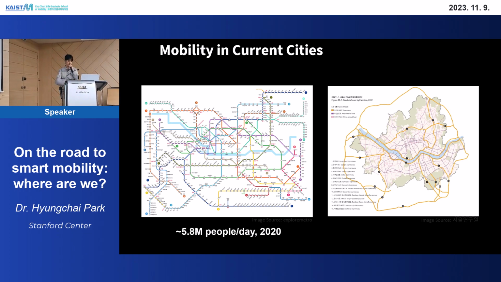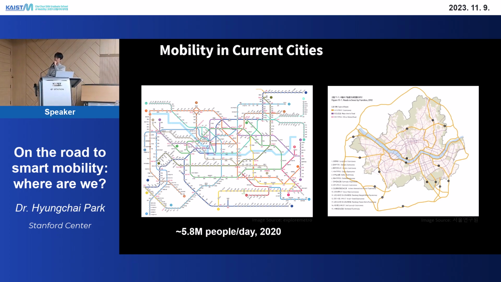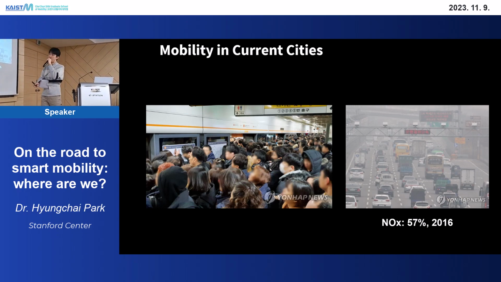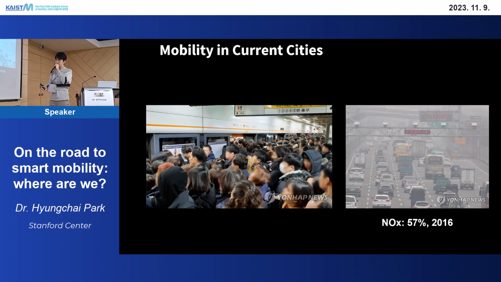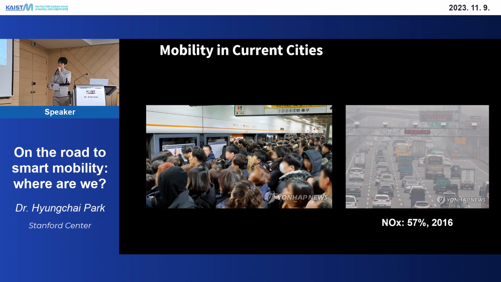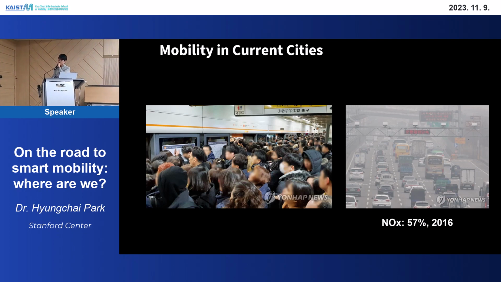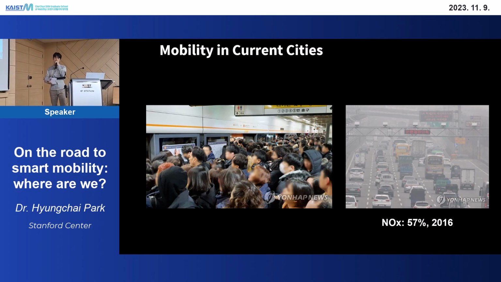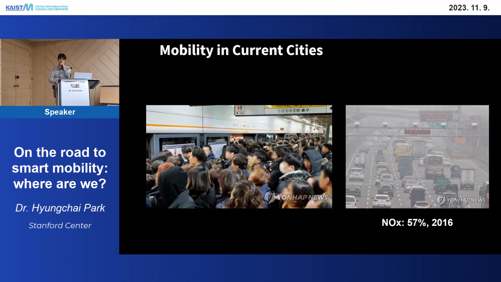But even with very vast road and subway networks, we still have problems in our mobility system. For example, no matter how many train lines are built, this will happen anyway. And when you think about air pollution in 2016, 57% of nitrogen oxide was produced in the transportation sector. So we need some kind of solution anyway.